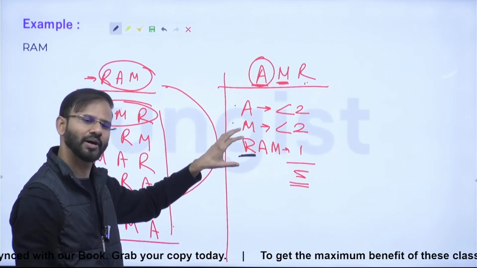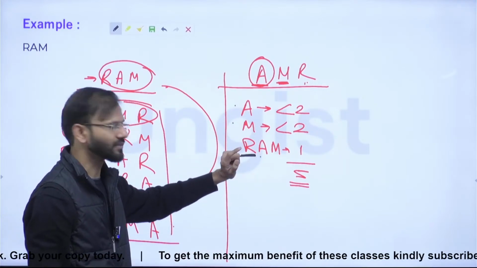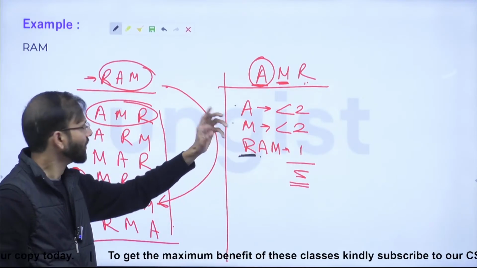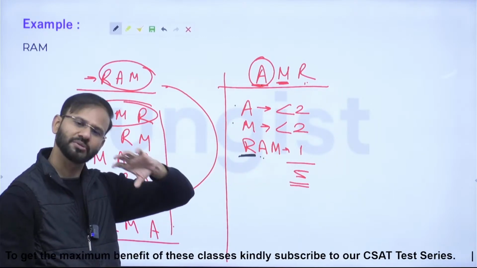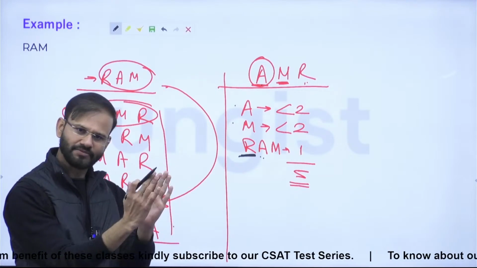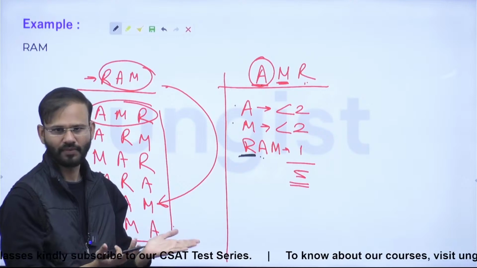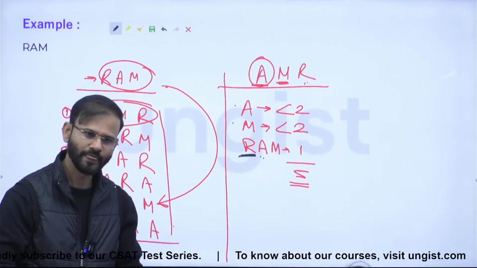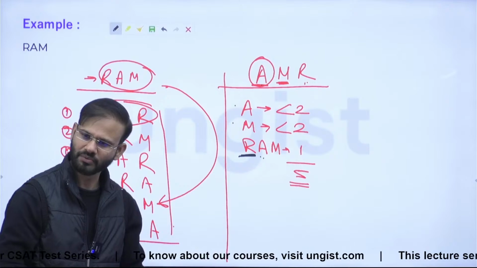Now you should think about the second character, second letter. So the second letter you fixed A. In your desired word also the second letter should be A. So RA is fixed. Now think about the third letter. Right? Clear, guys? Done? Any doubt, friends? No? Okay.